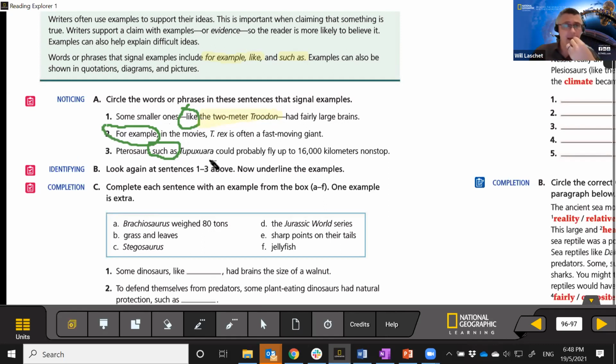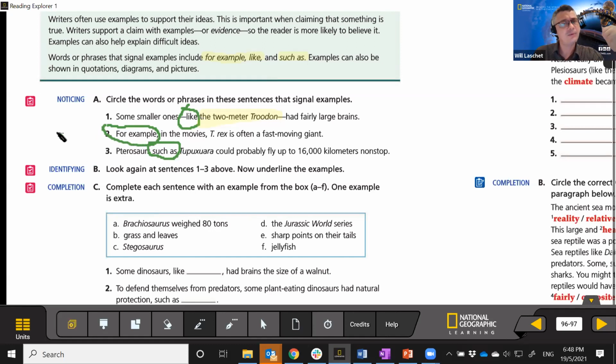Okay, number 2. Here, the point that the writer was making is that T-Rex is often portrayed as a powerful predator. And here is the supporting evidence. So, for example, which bit should I underline? Is it part of this or is it all of it? So for number 2, part of it.